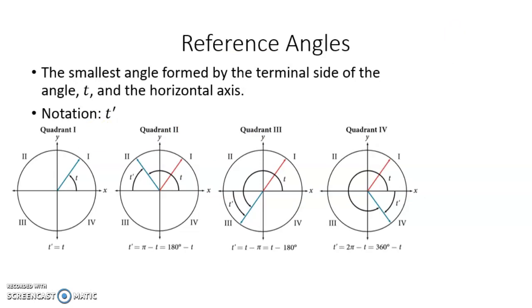Okay, now reference angles. It's the smallest angle formed by the terminal side of the angle T and the horizontal axis. A lot of students get that confused. They usually try to use the vertical axis, but it's the horizontal axis. So your terminal side and the horizontal axis.